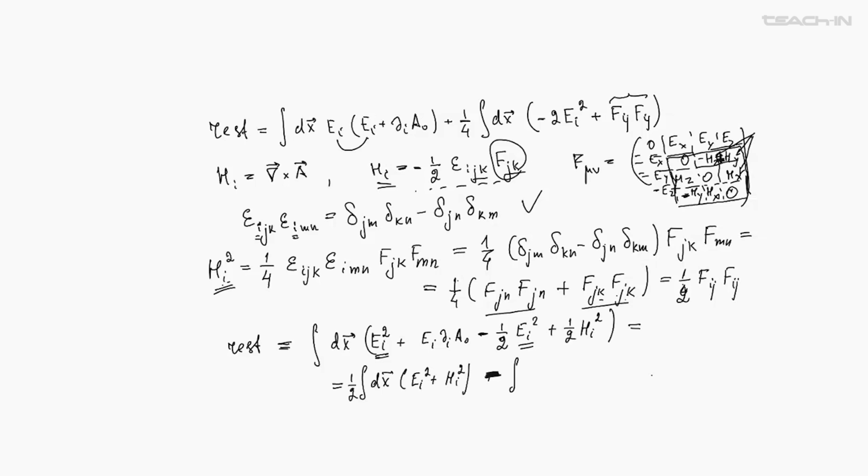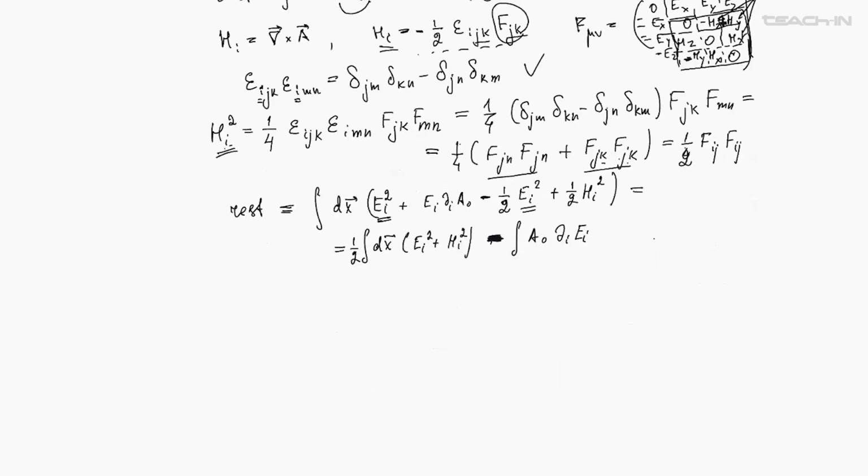So this gives me a0 multiplied with di ei. So this is how the rest looks. And if I return the rest into the original Lagrangian, let me remind you that the original Lagrangian was written in the form pi dot minus the rest. So then L is given by the following expression.